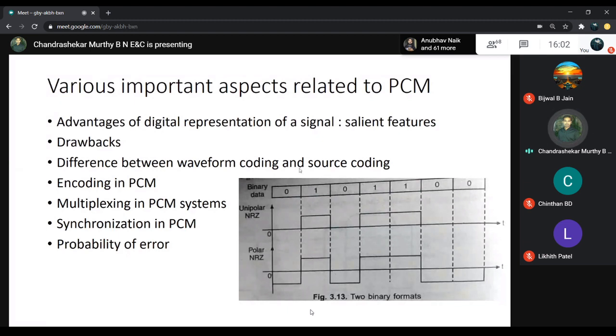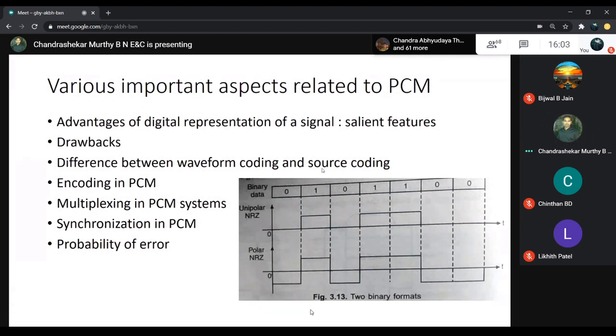A source coder is different: it is the parameterization of analog signals in accordance with an approximate model of the generation of the signals. Source coding is similar to information coding and will be dealt with in the fifth unit, where we will discuss it in more detail.